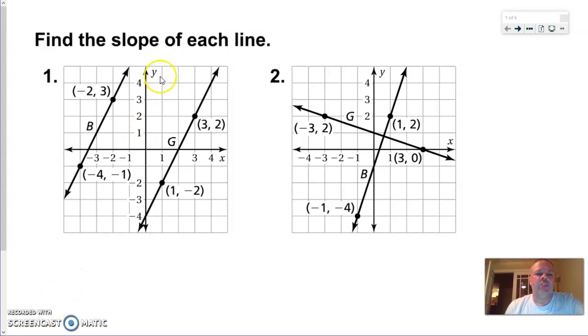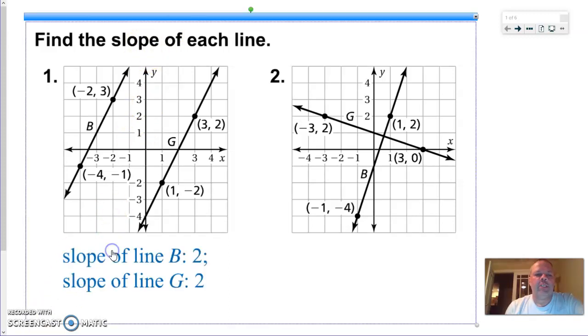So again, finding slope here, what you can hopefully see is that the slope of line B is 2 because we've got 1, 2, 3, 4 over 2, so that is a slope of 2. This one is 1, 2, 3, 4 over 2. Again, these are both a slope of 2.